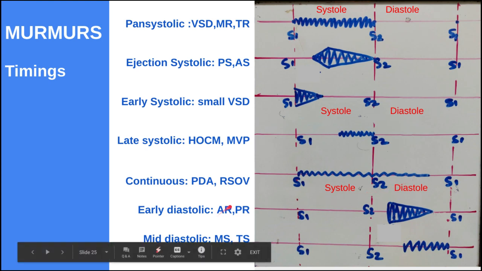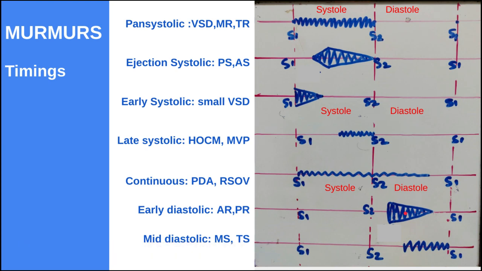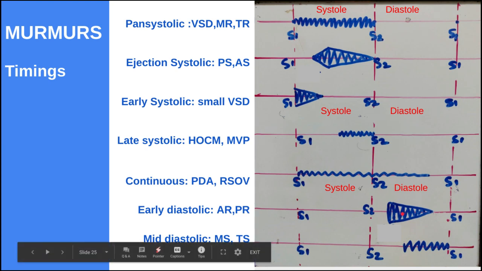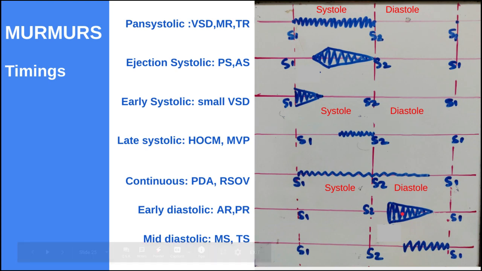Then early diastolic murmur is heard in aortic regurgitation and pulmonary regurgitation, and it is also a decrescendo type of murmur. Then mid diastolic murmur is heard in mitral stenosis and tricuspid stenosis with an opening snap.